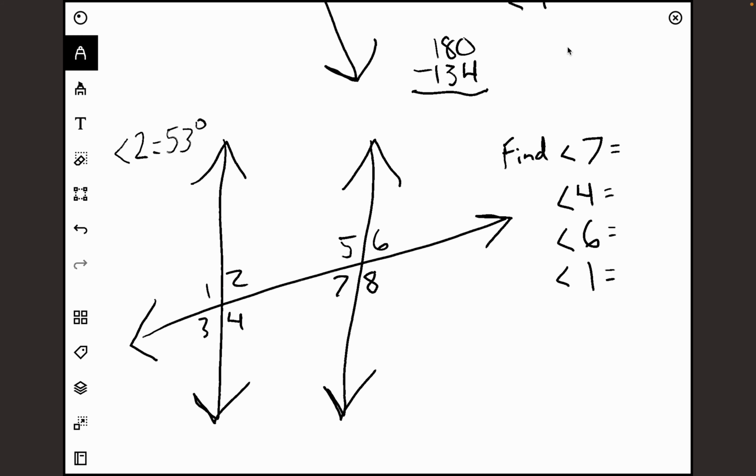All right, Adam, how do we solve for angle 7? So I figured out number 2 was 50, so then I figured out that number 4 was 127.